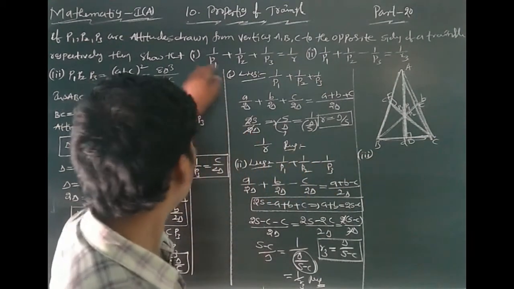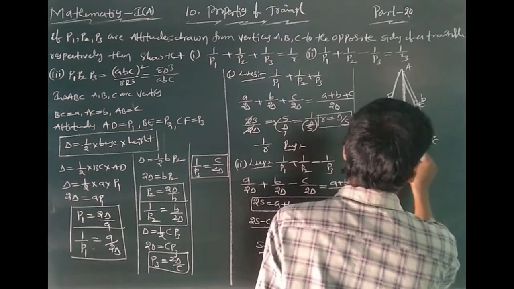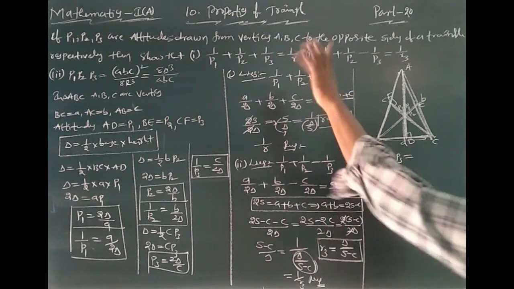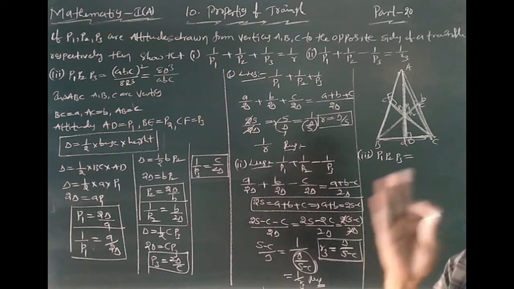What is the third problem? P1 into P2 into P3 is equal to ABC whole square by 8R cube. One formula, 8 delta cube by ABC, is another answer.